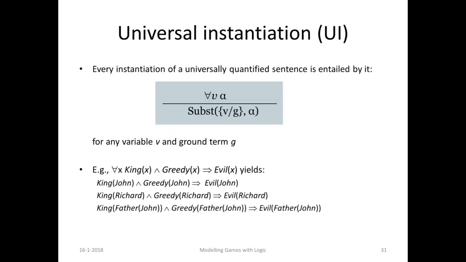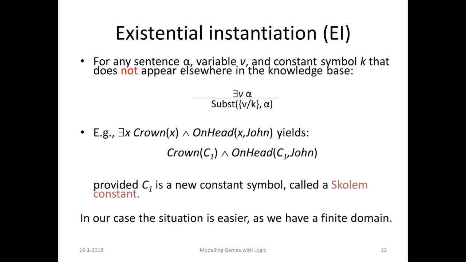So basically, this is for universal quantification. You just have to write the same axiom several times with the different instances and then you get an equivalence preserving, entailment preserving rewrite of your knowledge base. In the existential case, there are two different ways of looking at it.